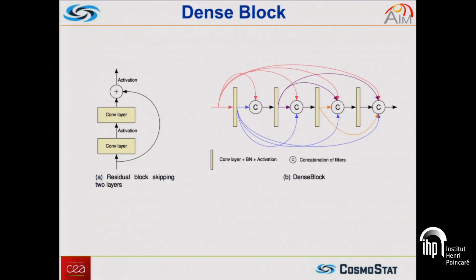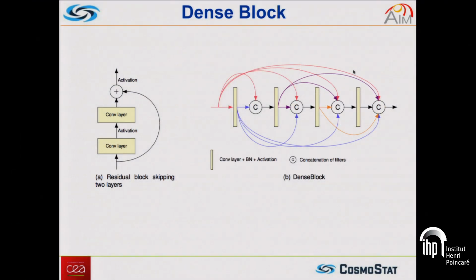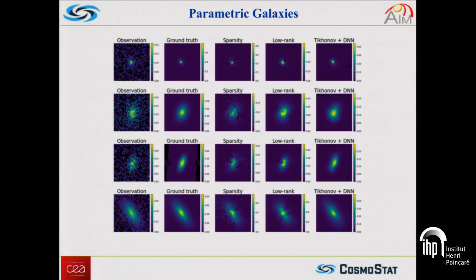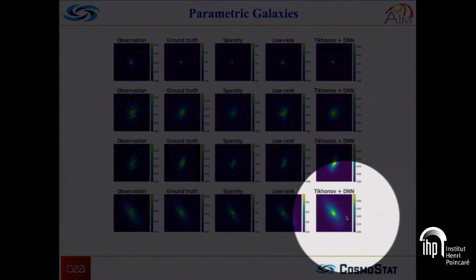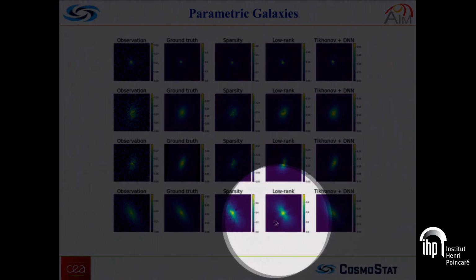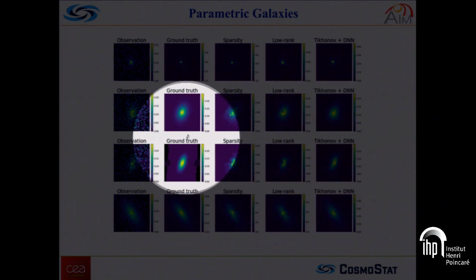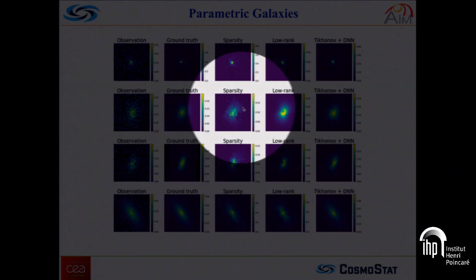What he called a dense block is this kind of layer where there are skip connections and concatenation. And at the end, he got some very interesting results where he could show that this Tikhonet technique was working very, very well and providing very interesting results, especially if you compare to sparsity or low rank.